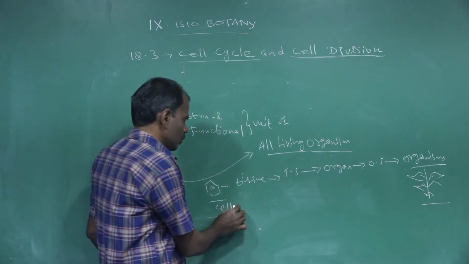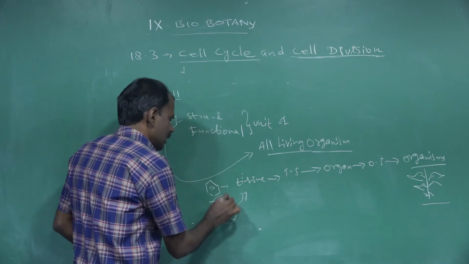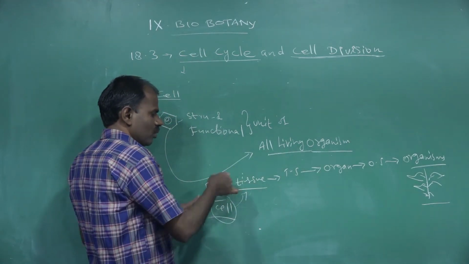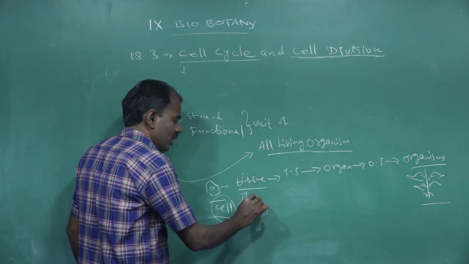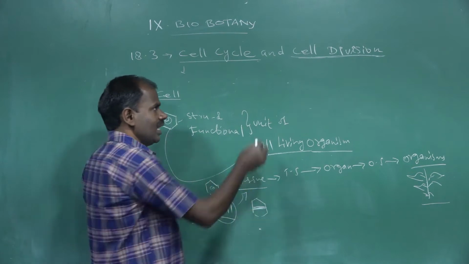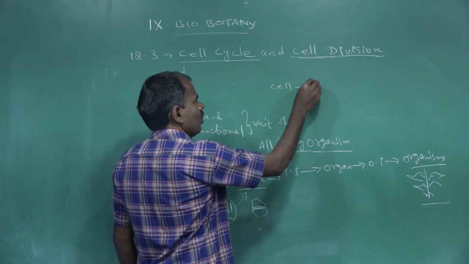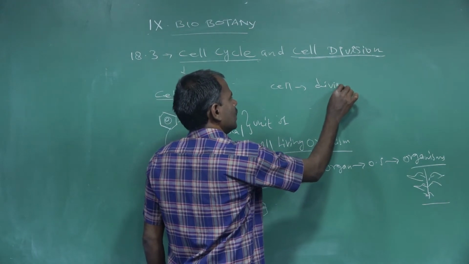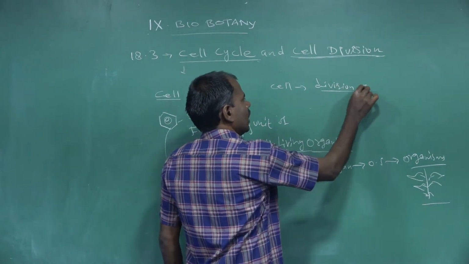How is tissue formed? It involves a single cell forming a group of cells. That is called tissue. How is the group of cells formed? The cell can divide.